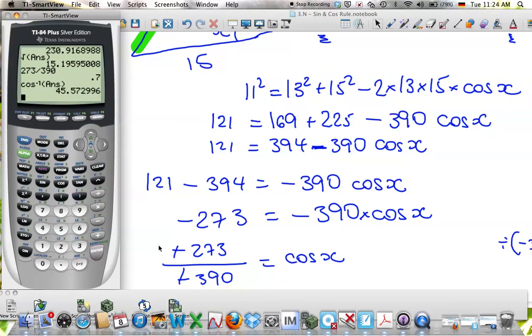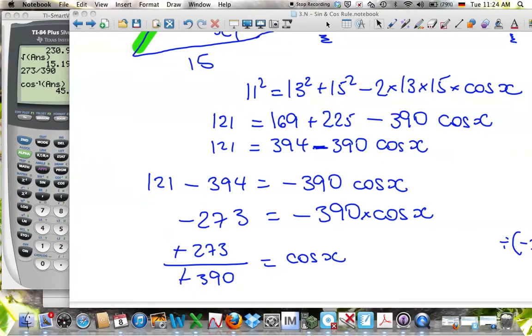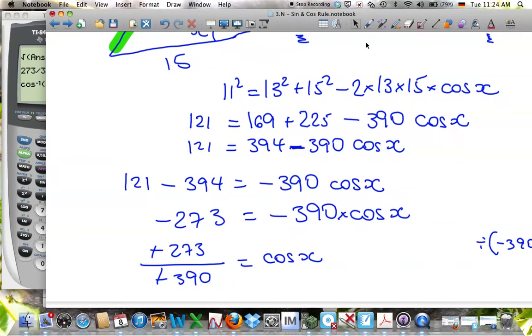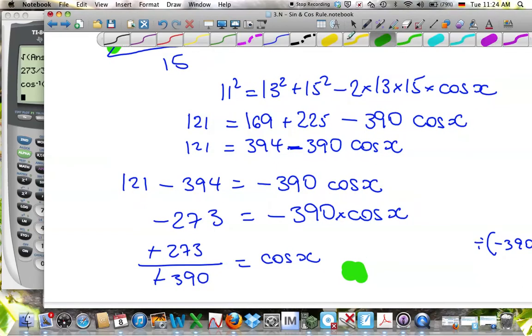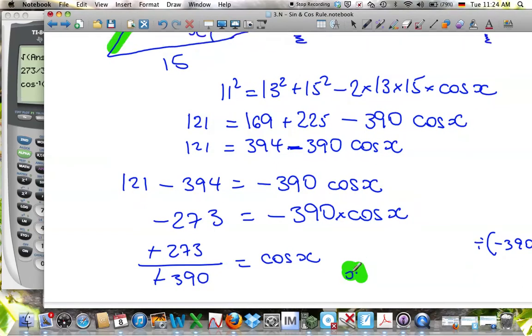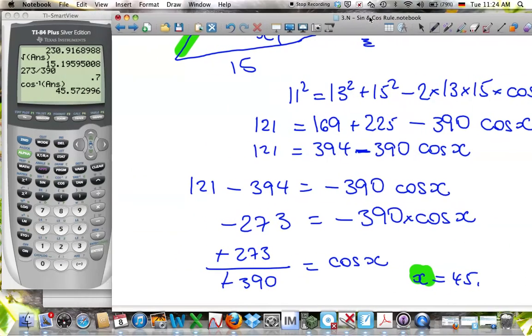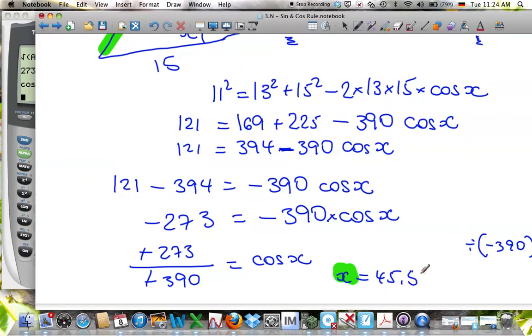Close brackets, and it gives us 45.5729... dot dot dot, so x is roughly 45.6, and it's an angle, so it's degrees.